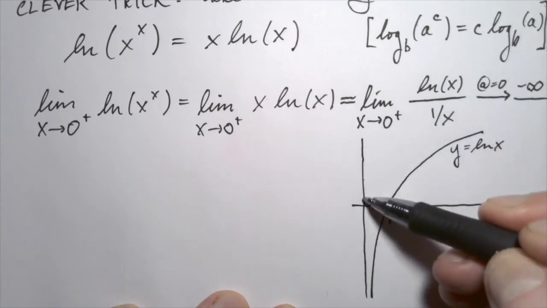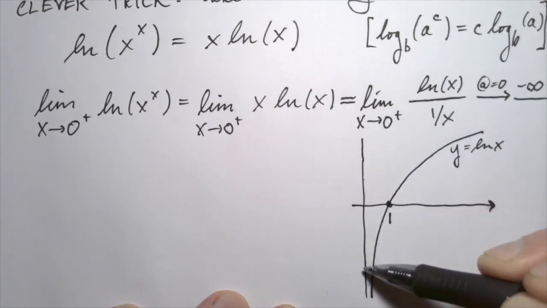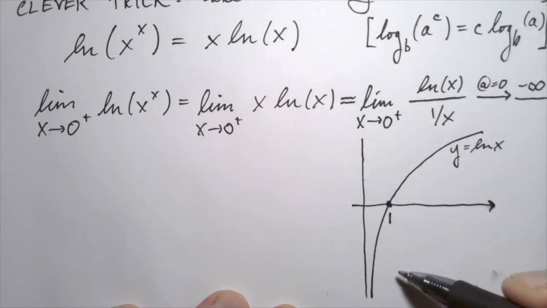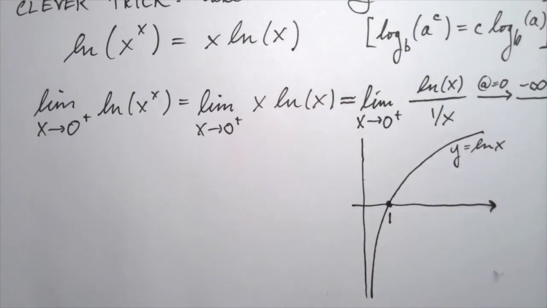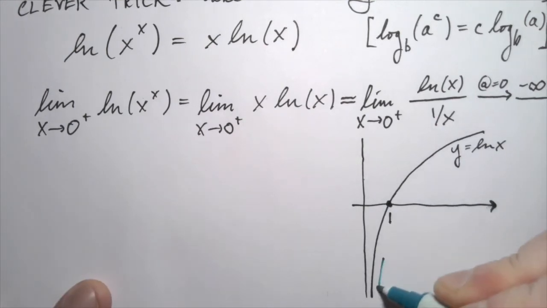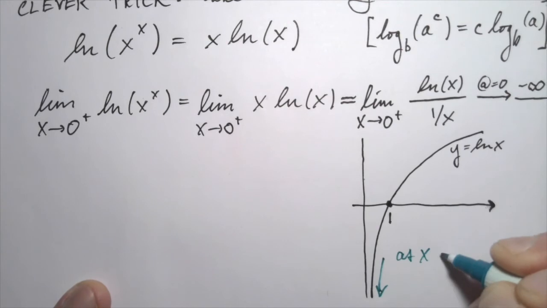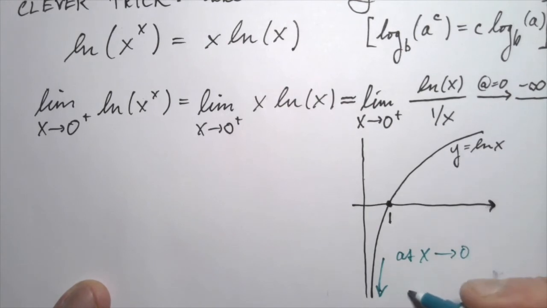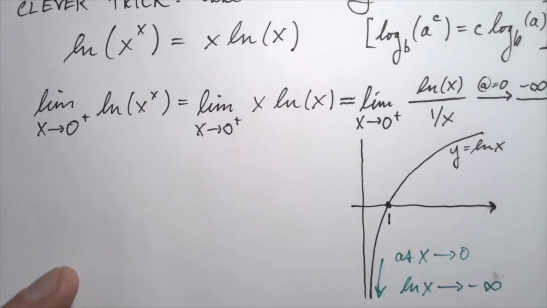And this is the y-axis. This is where the x values are 0. So if we go along this graph, if we let x approach 0, then the output of the graph is going towards minus infinity. It's getting arbitrarily small.